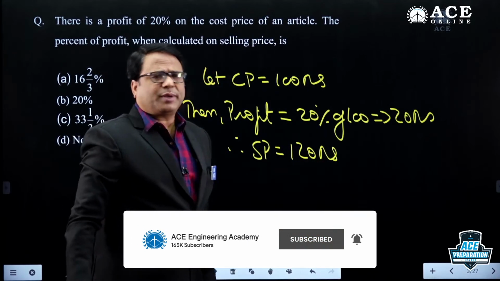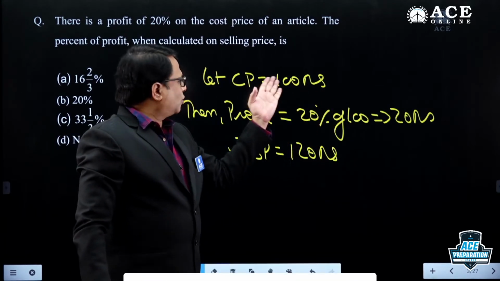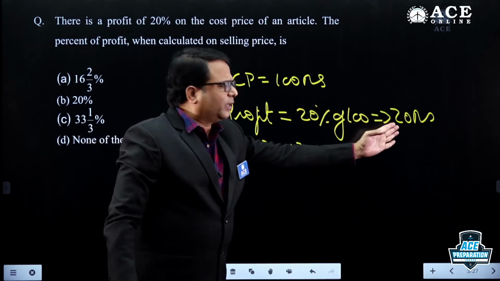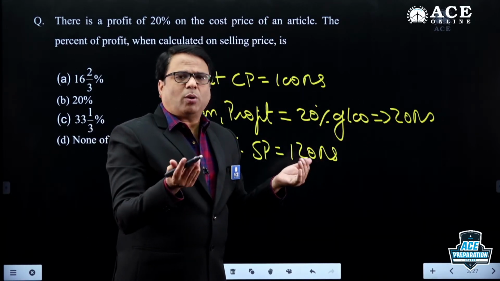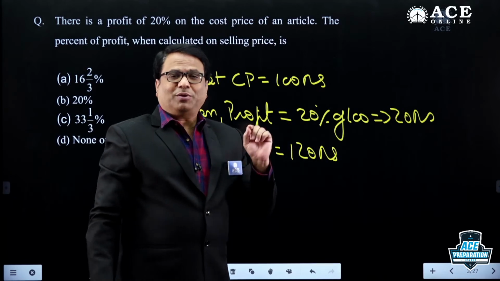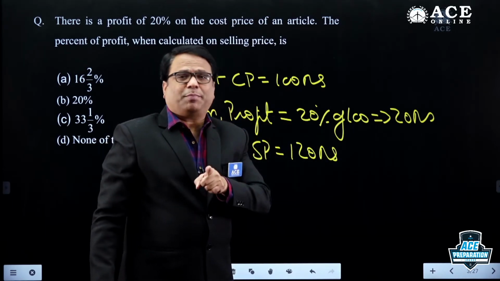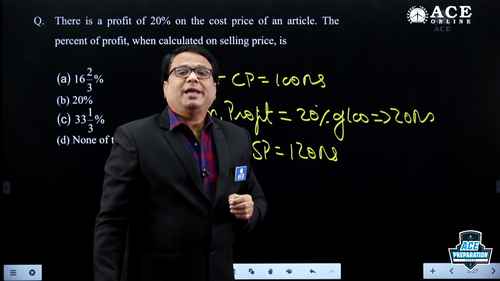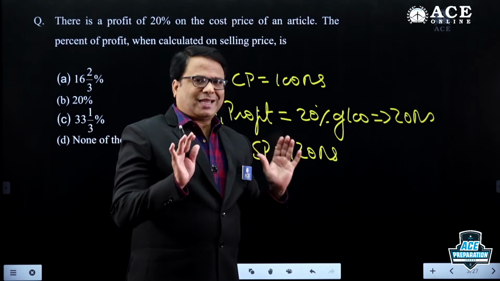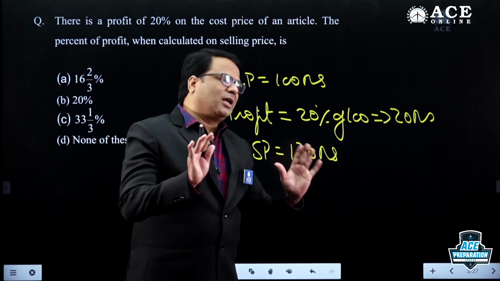How do we arrive at selling price? Cost price plus profit. Cost price is 100, profit is 20 rupees, so selling price would obviously be 120 rupees. Now the question is, if you calculate profit percent on selling price, how much would it be? That is the question. So let us calculate profit percent on selling price.